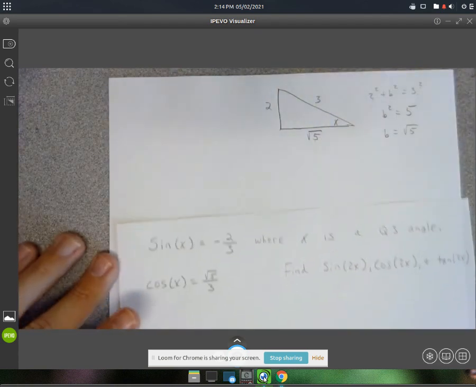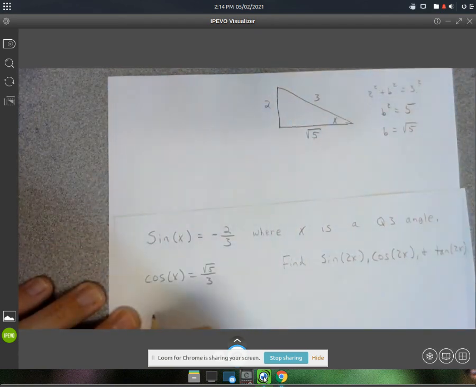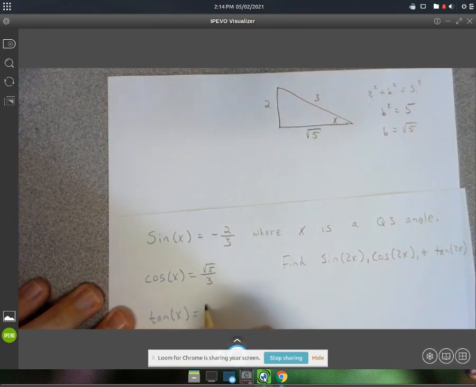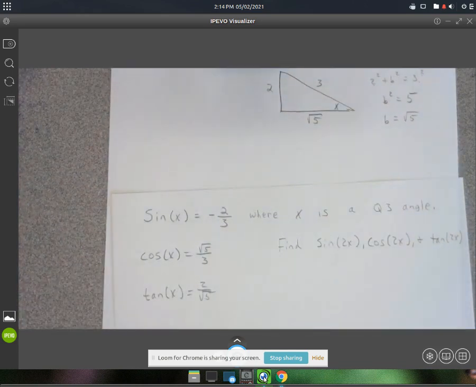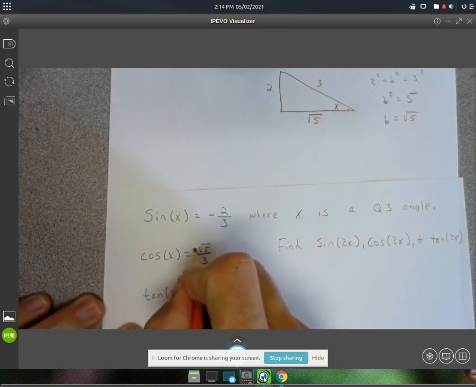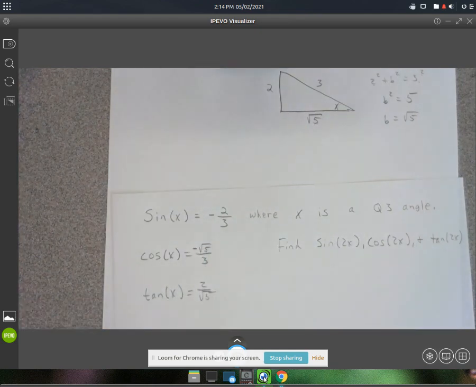So I'll put it down here. Tangent is going to be 2 over root 5. Oh yeah, and because we are in quadrant 3, I know that cosine has to be negative. Don't want to forget that. That's going to be important.